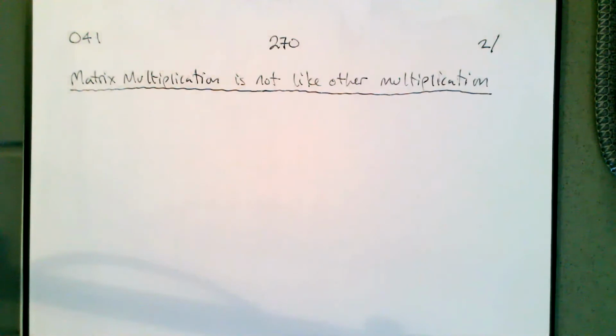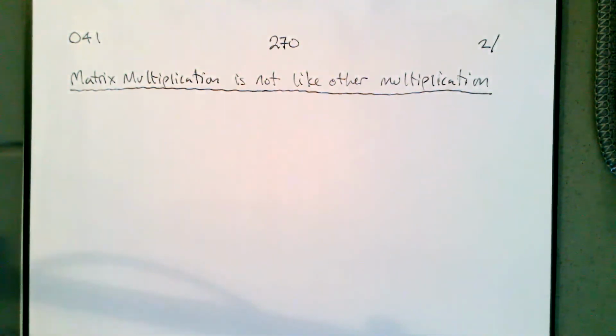As we go through math, we find out these operations that we have, addition and multiplication. We think they mean very specific things because the only thing we've experienced up until this point in our lives is real numbers, multiplication of real numbers, addition of real numbers. But multiplication and addition are things that we can apply to other objects, like matrices. So matrix multiplication is not like other multiplication.